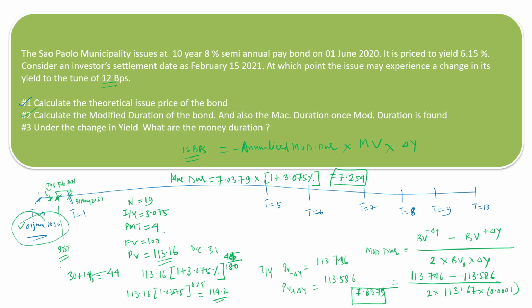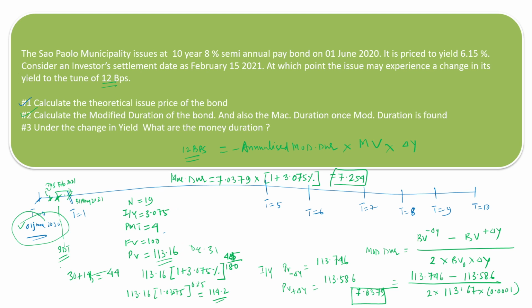So this 114.2 is your theoretical fair price on February 15, 2021. Do remember that this 114.2 also carries that semi-annual coupon interest in the form of accrued interest, right? That's how it actually grows.